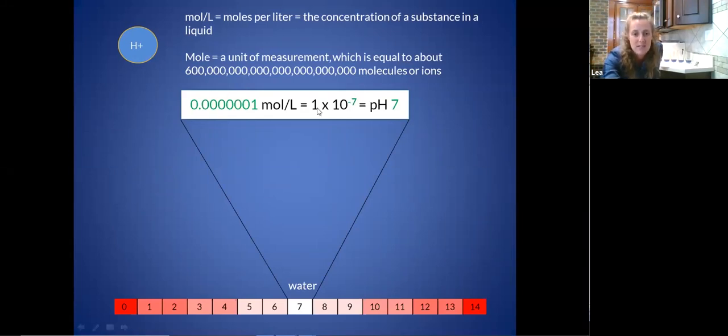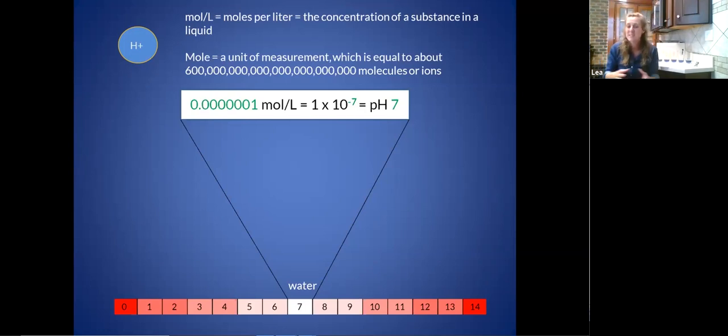We get this -7 because we have 7 decimal places to the right of the decimal point. So 0.0000001 is equal to 1 × 10 to the -7th power.